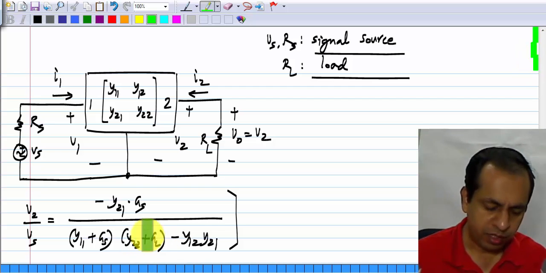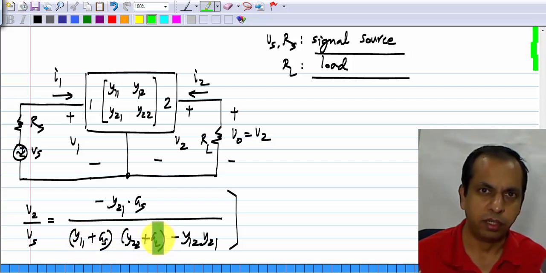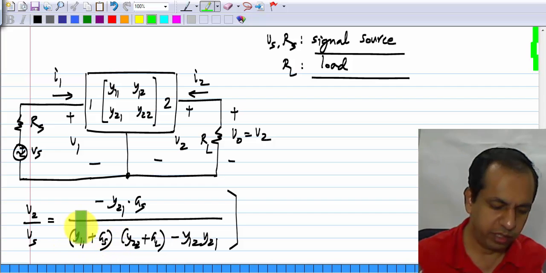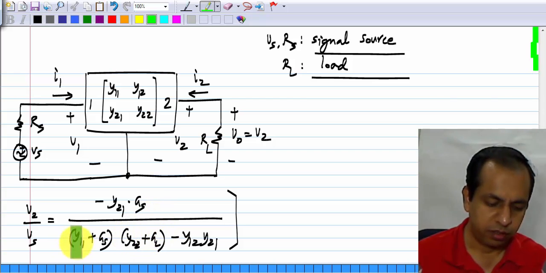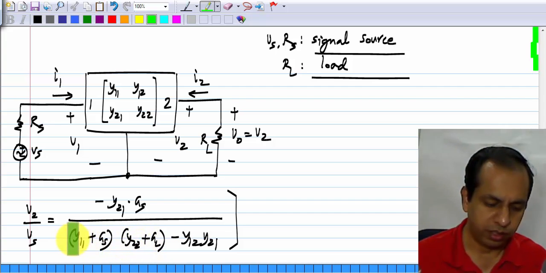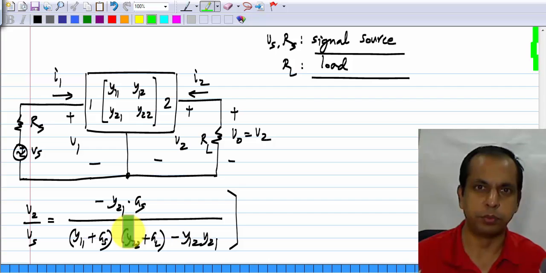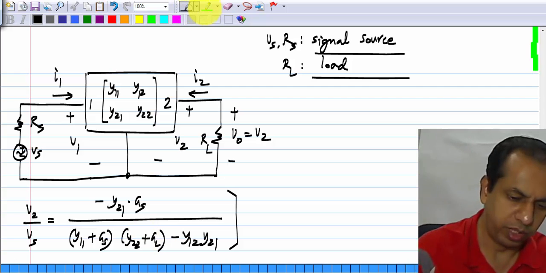So in that case, this Y11 adds to the denominator, Y22 adds to a term in the denominator. So to maximize the gain, clearly Y11 has to be 0 and Y22 has to be 0.